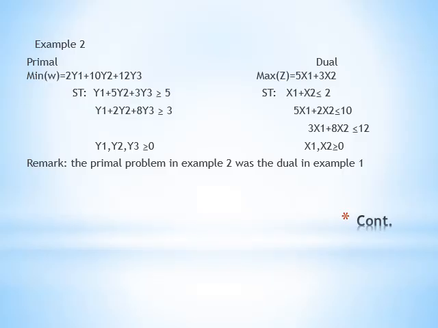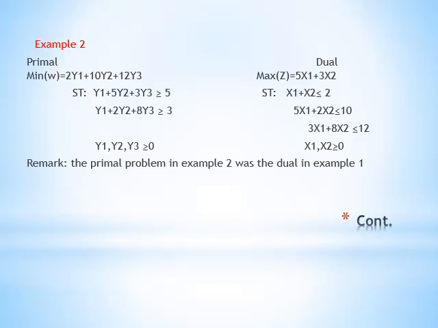The objective function consists of three variables, y1, y2 and y3.